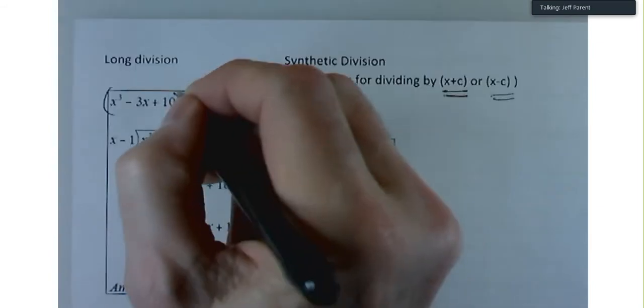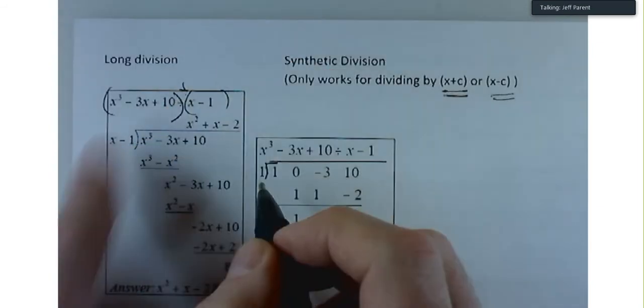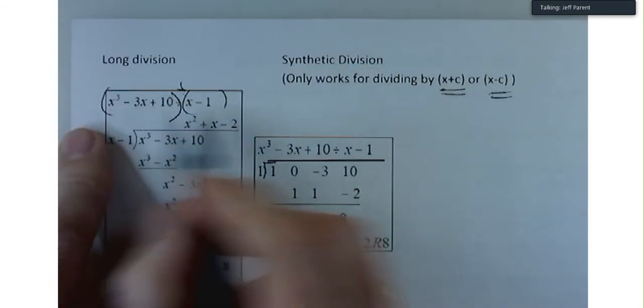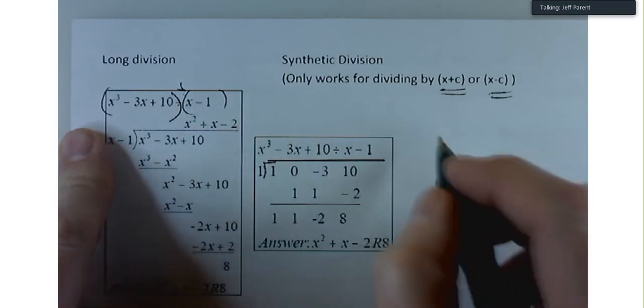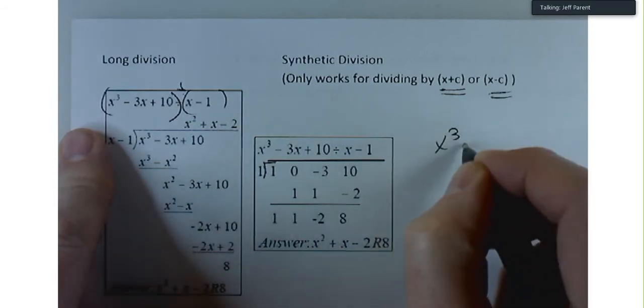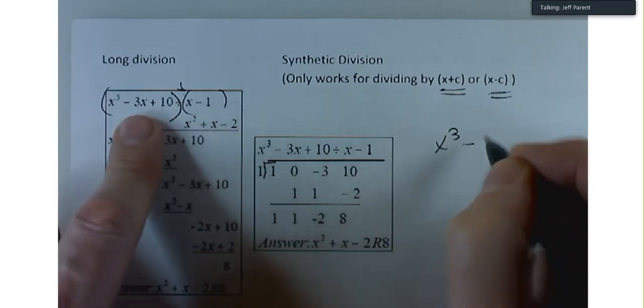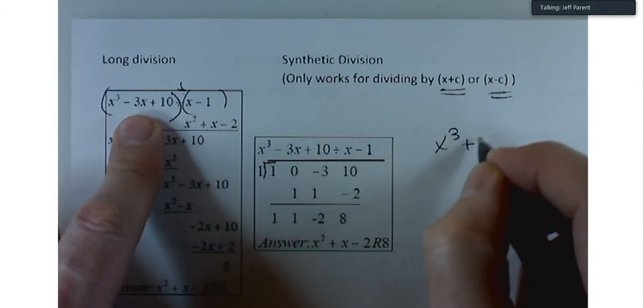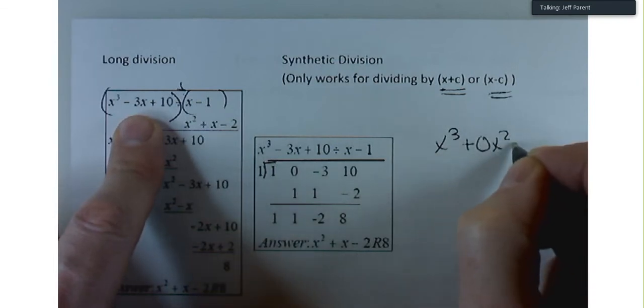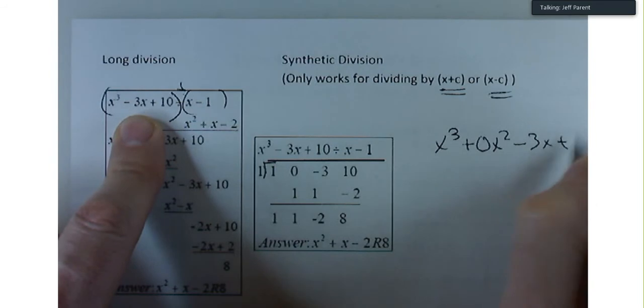Now, if I wanted to divide these, the first thing I need to do is write out all the coefficients. So let me rewrite x cubed minus 3x plus 10 as x cubed plus 0x squared minus 3x plus 10.